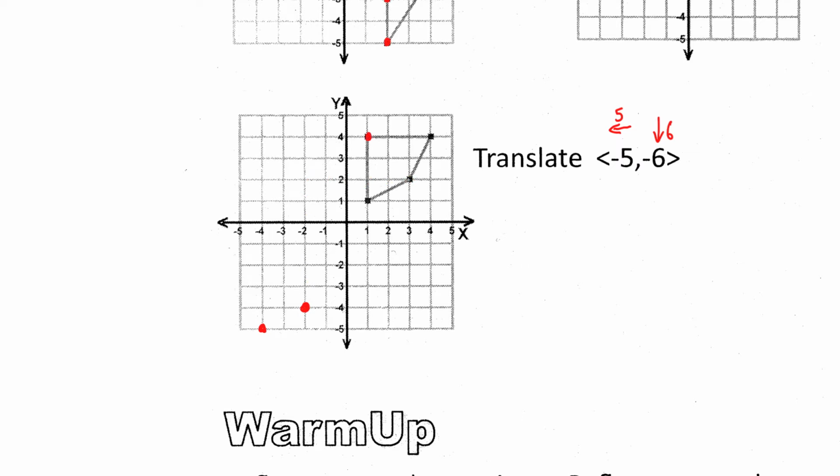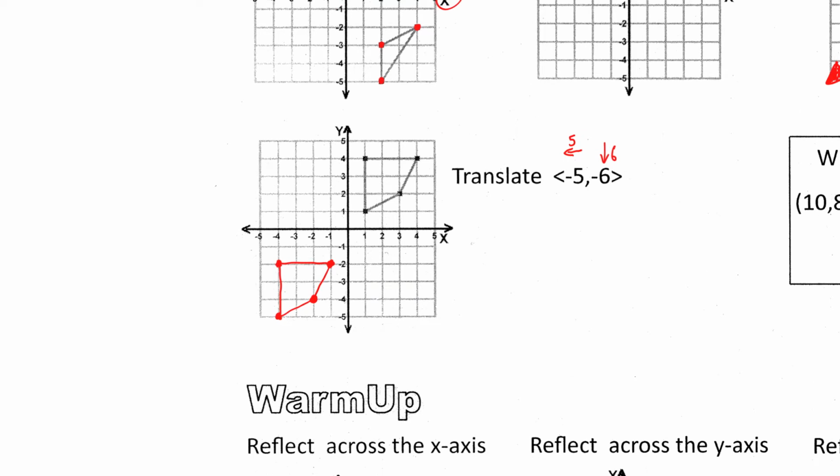This point right here, and then this point right here, the same. So like that. Remember the first number tells you left, right. The second number tells you up, down.